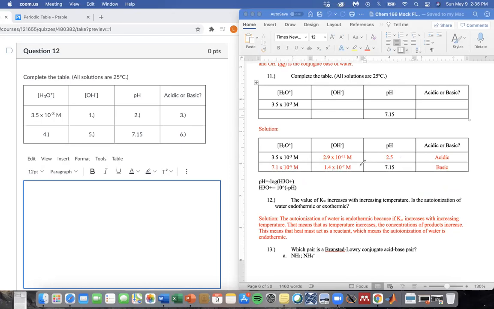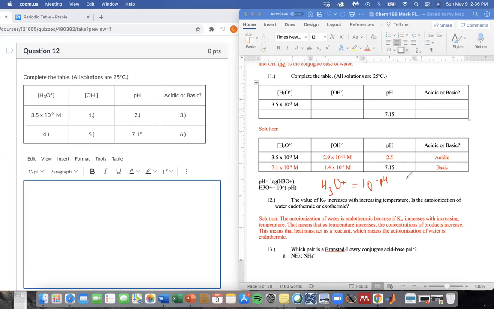Then when you do your calculations here, in order to get your H3O plus concentration, you undo this equation to isolate H3O plus, and you get H3O plus equals 10 to the negative pH. So you just plug in 10 to the negative 7.15 and you get a concentration of 7.1 times 10 to the negative 8th molar of H3O plus.